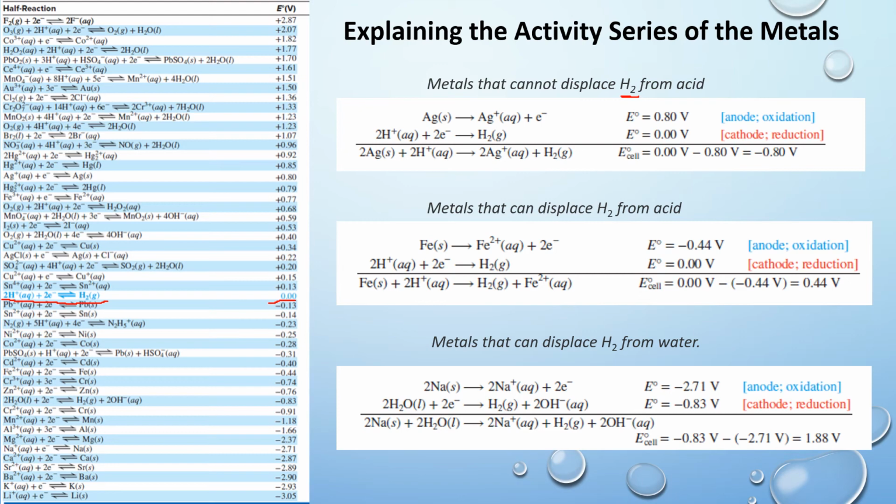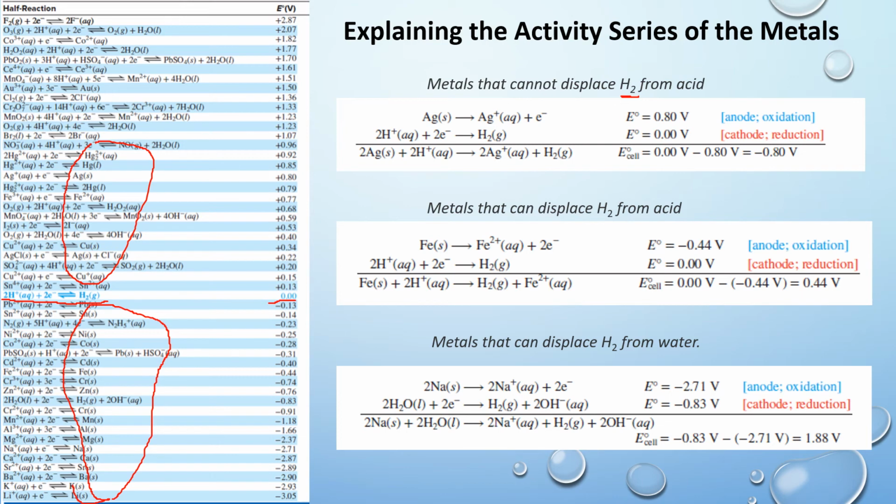In order to reduce the proton into hydrogen, the metal listed on the right hand side should be below this reaction. So if you put any metal above this reaction, it cannot reduce the proton into hydrogen.